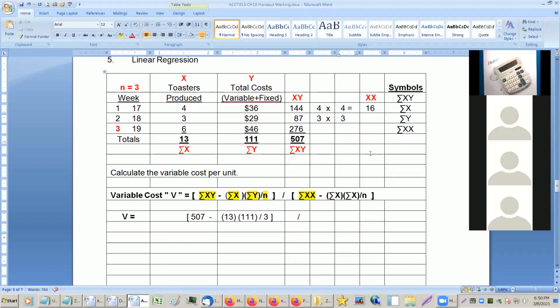You can also say this is just x squared. And 6 times 6.